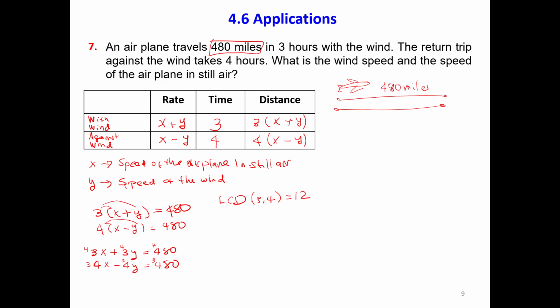Then 4 times 3 is 12x plus 12y. 4 times 480 is 1920. Let's do the same thing with the second equation. We have 12x minus 12y equals 1440.